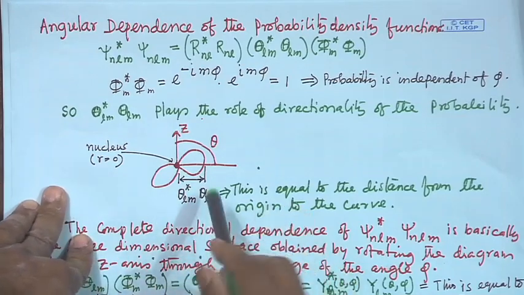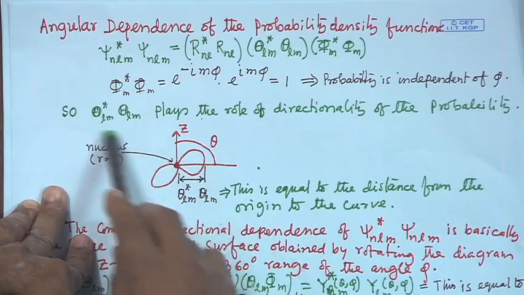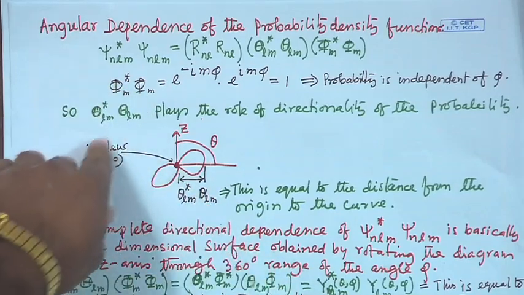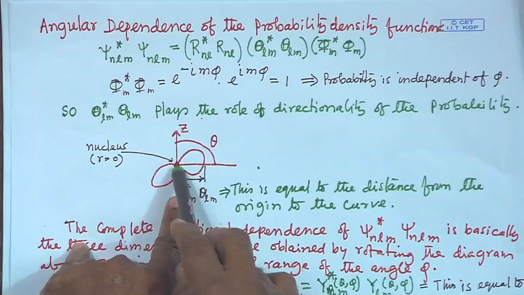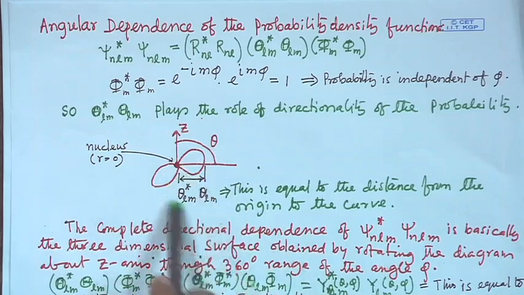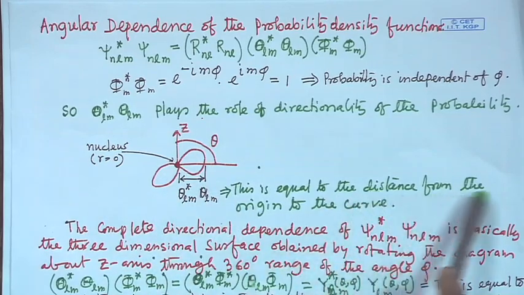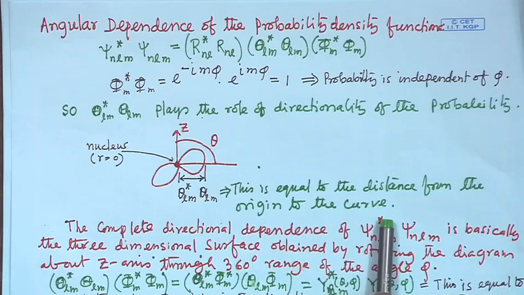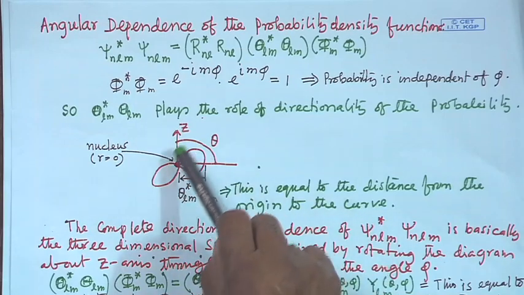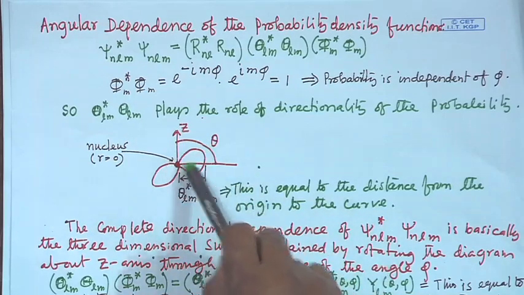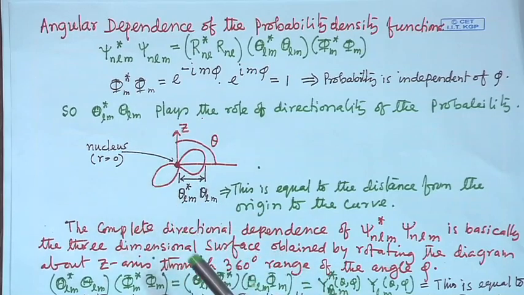So, the probability density is defined like this: it is equal to the distance from the origin to the curve. This distance will tell about the angular probability of finding the electron.